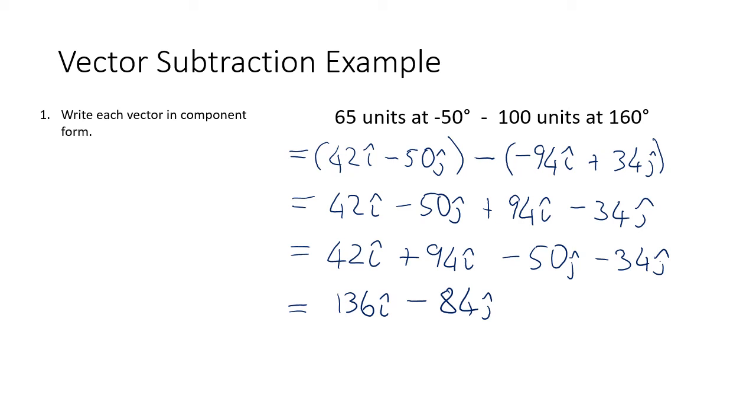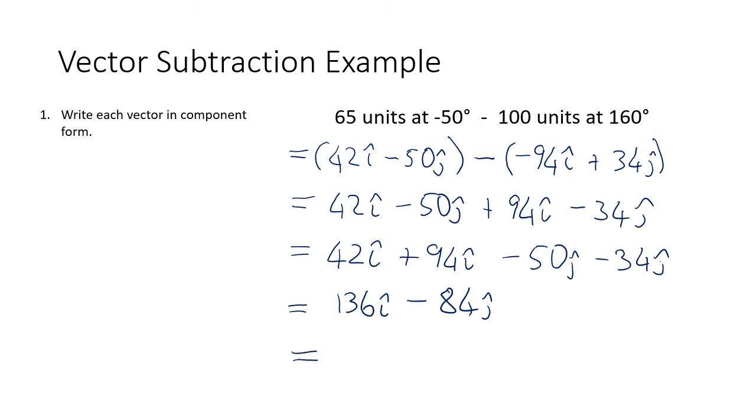When we subtract 100 units at 160 degrees from 65 units at minus 50 degrees, we get a vector which is pointing 136 units to the right and 84 units down. Once again, if we just wanted an answer, that's a perfectly valid way of expressing the answer. But again, for completeness sake, let's just convert that back into magnitude direction notation.